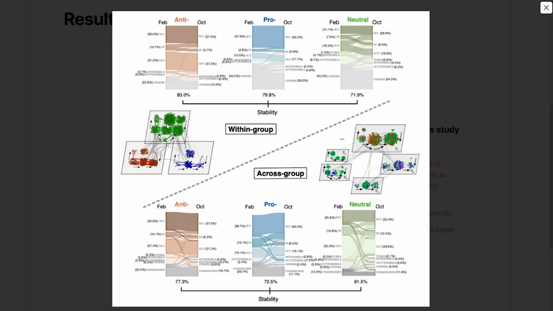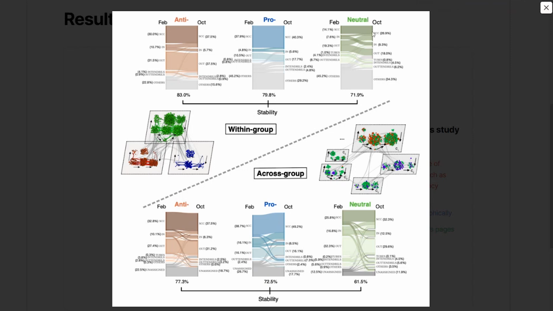On the right-hand side, we first do community detection, put all the pages that are closely connected to each other together, and do the bow tie decomposition. The difference between within group and cross group is that within group, we mostly monitor the information flow among pages sharing the same vaccination stance. The cross group mostly covers anti to neutral and pro to neutral, and also the other way around.